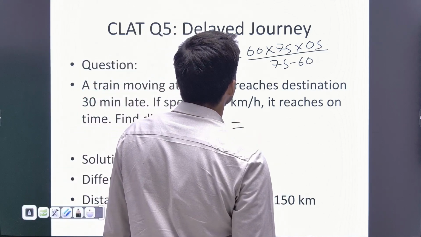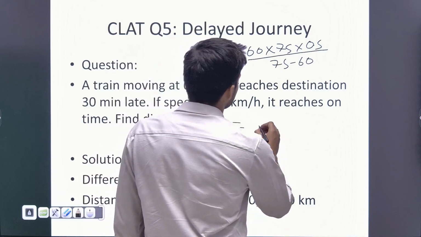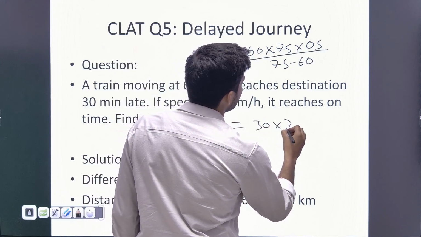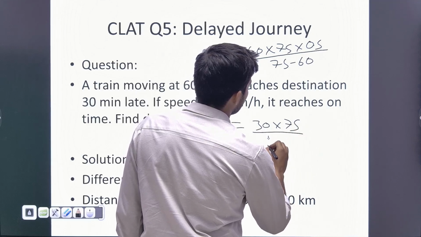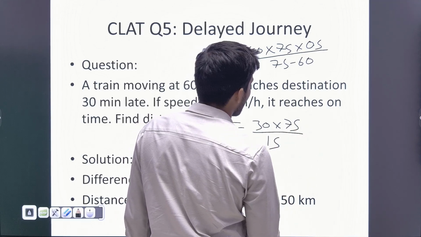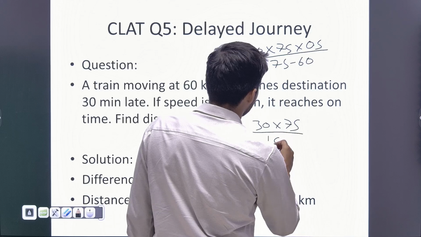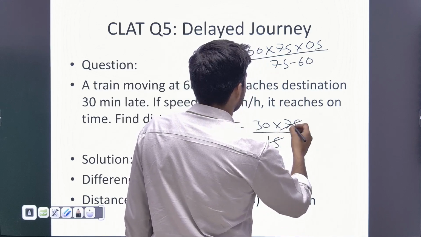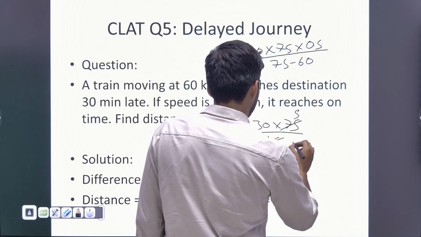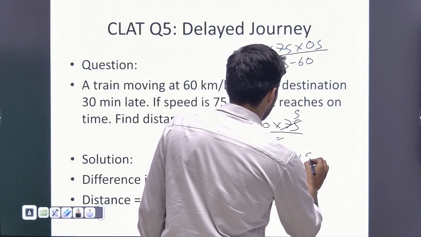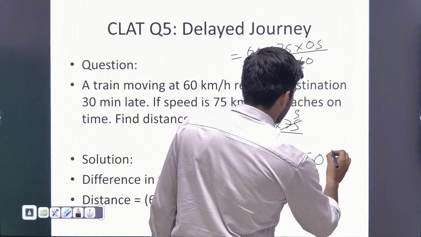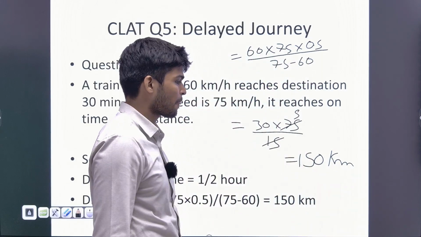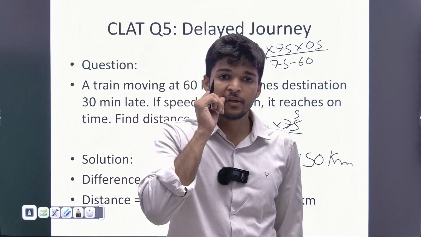So to calculate this, I'll do it like 30 into 75 upon 15, and 75 divided by 15 gives 5. So the distance would be 150 kilometers. So by this, we end today's class.